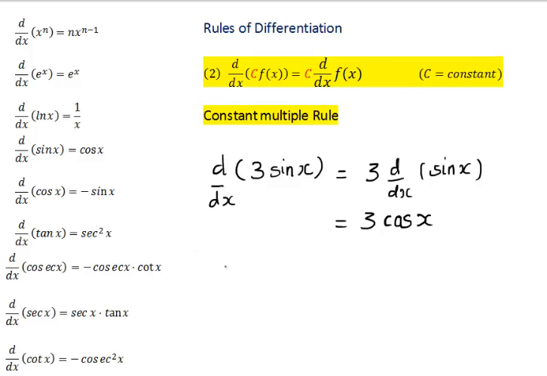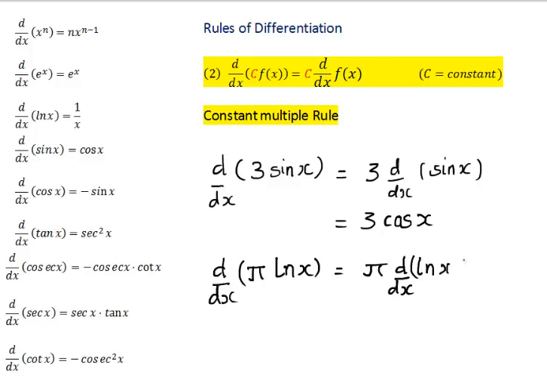Another example would be, suppose you are differentiating pi into ln x. You know the differentiation of ln x, but pi is a constant. So you can take pi outside and then write d by dx of ln x. You can see from here, differentiation of ln x is 1 by x.